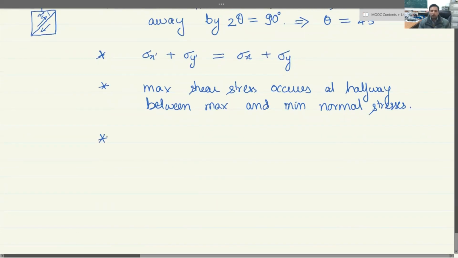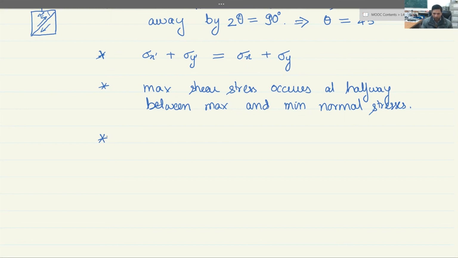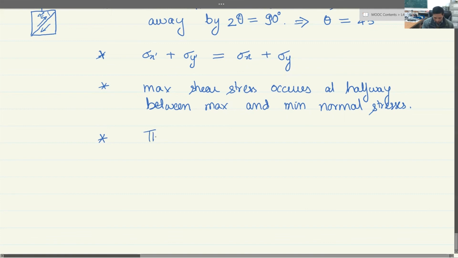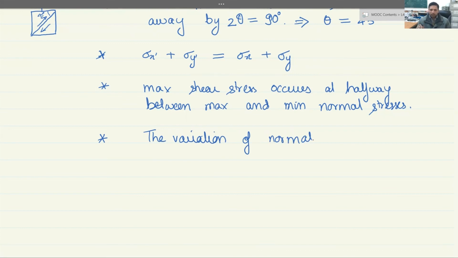The variation of normal stresses and shear stresses occur in the form of a sine wave with a period of theta equal to 180 degrees. So if you were to plot normal stress versus theta and shear stress versus theta, you would see that it is a sinusoidal function with a period of theta equal to 180 degrees.